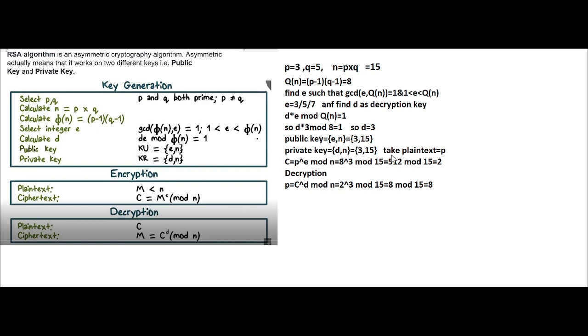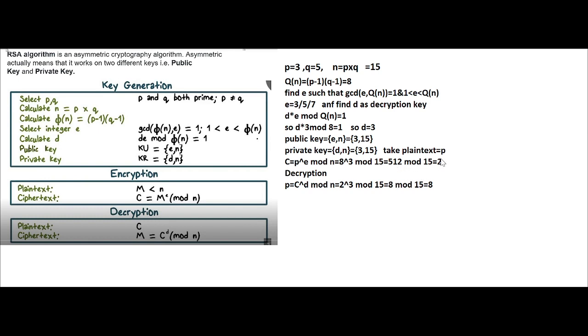Now the question is, how can I encrypt and decrypt through this public and private key accordingly. I take the plain text as P, which I called M here, no problem, it is like a variable. So C equals P to the power E mod N. If I put in this formula, I get the value 2.